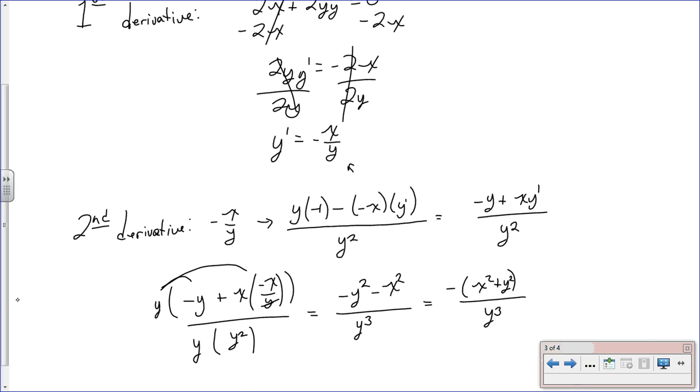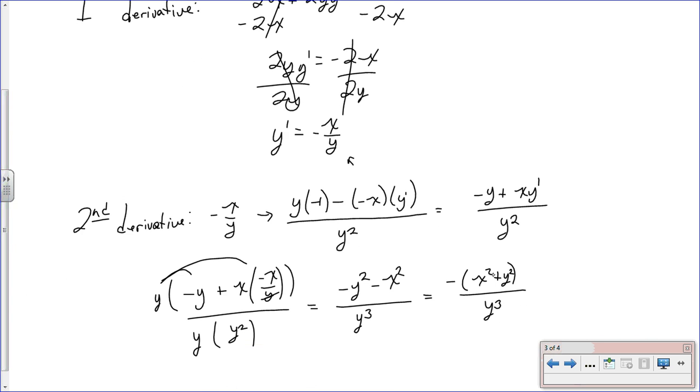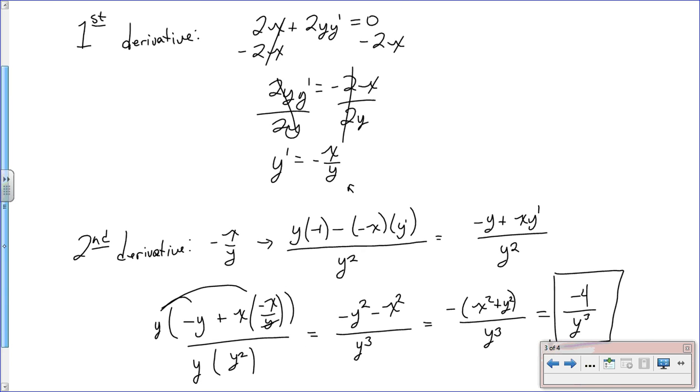If you go back up, you notice that we have x squared plus y squared equals 4. Well, here's x squared plus y squared. So this is negative 4 over y cubed. And that is the second derivative of x squared plus y squared equals 4. It is negative 4 divided by y cubed.